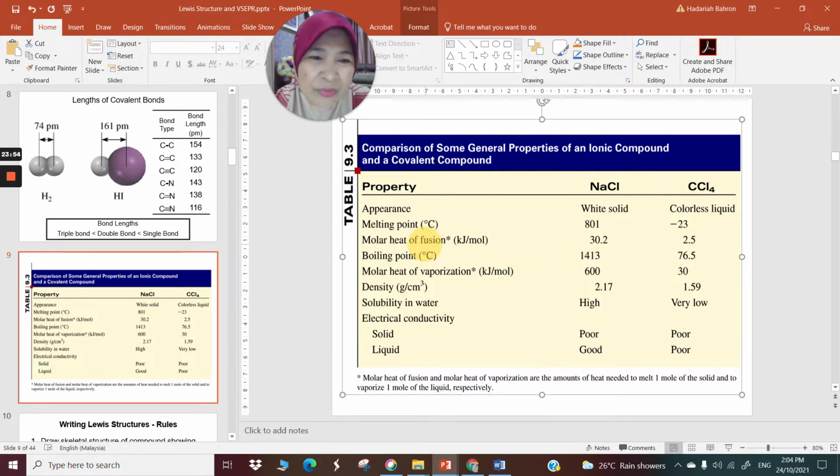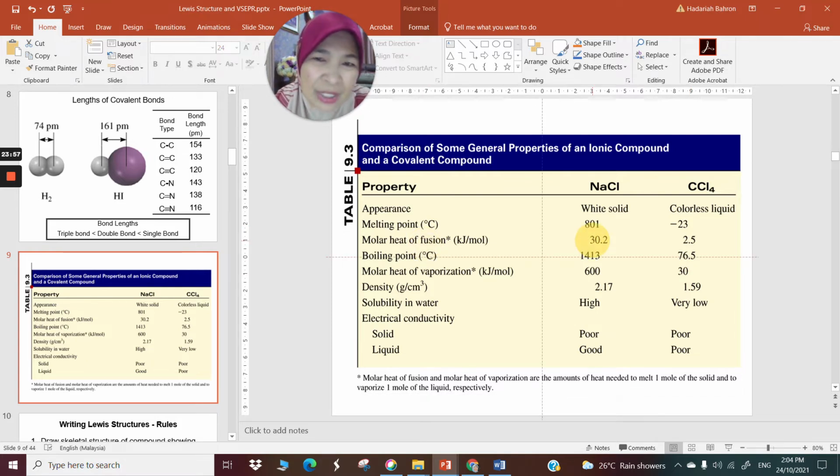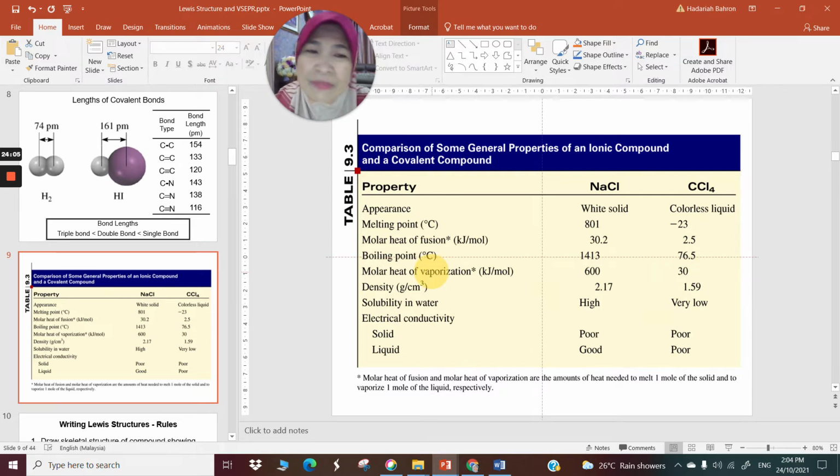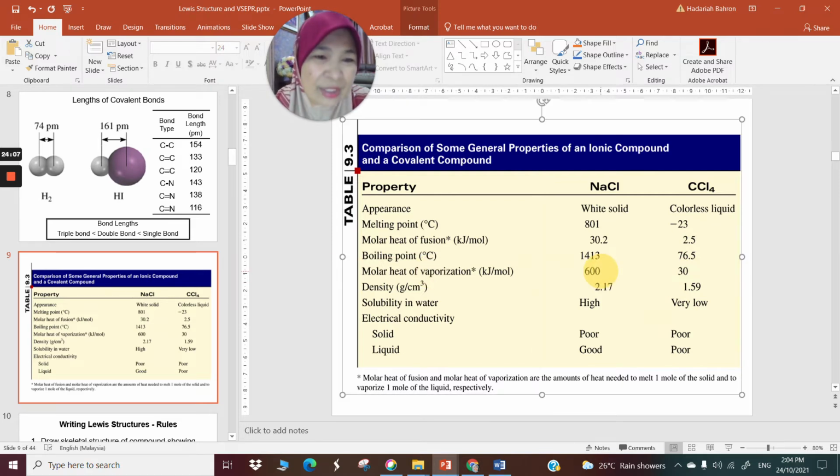The molar heat of fusion is higher for ionic compound compared to the covalent compound. Molar heat of vaporization is definitely higher for ionic compared to covalent. Now the density obviously is higher for ionic than covalent. Solubility in water.